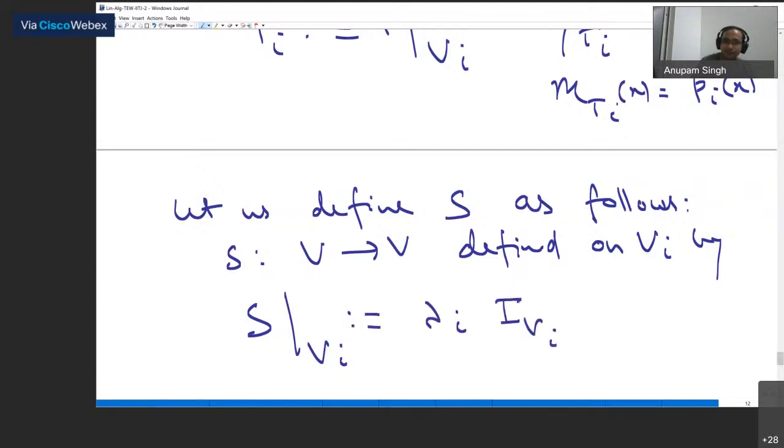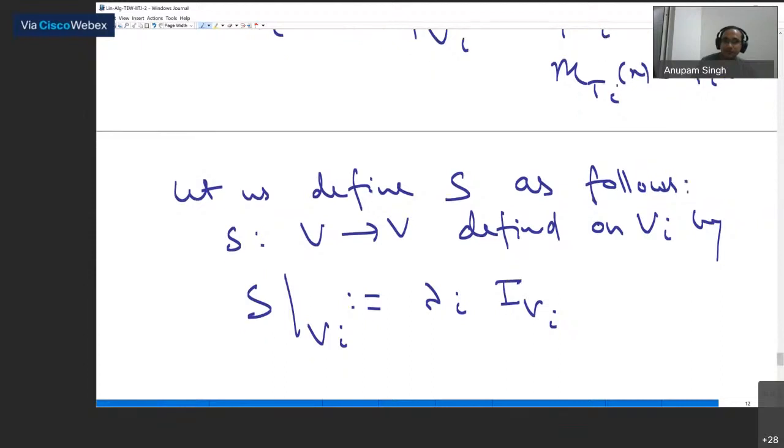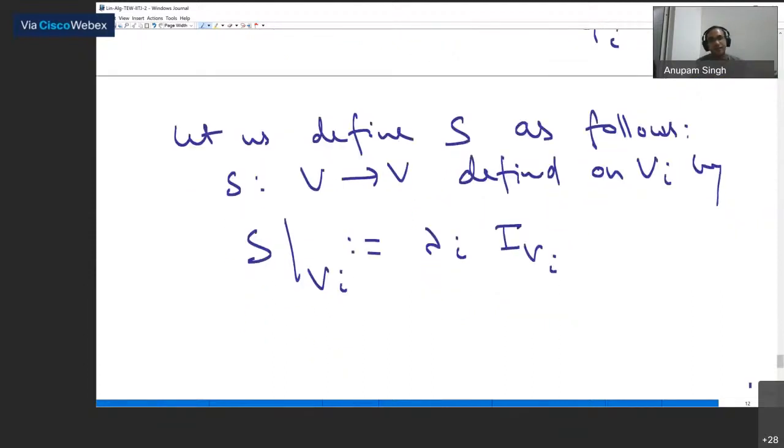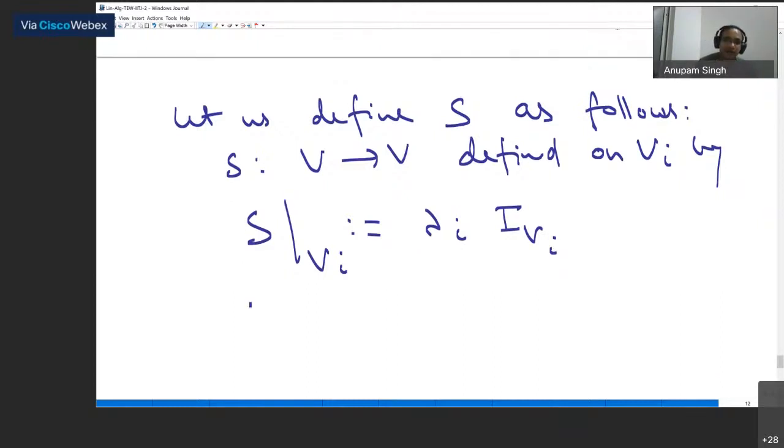So you can see that on V1 it will be lambda 1, on V2 it will be lambda 2, and so on, right? This is how I define my S, and it is well defined because V is a direct sum of the Vi. If you want to think of the matrix, if you choose a basis of V1 first, then a basis of V2 second, and so on, I will get lambda 1, lambda 1, lambda 1, and then lambda 2, lambda 2, lambda 2, and like this.